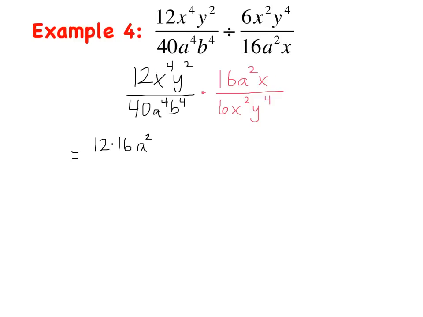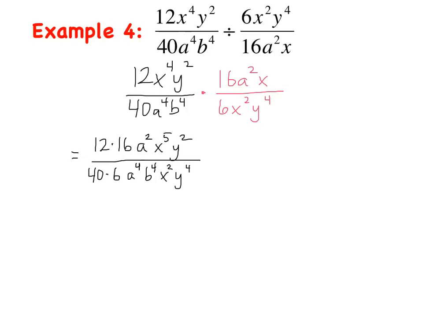Combining those, we add those exponents and we get x to the fifth power. There's nothing to combine with that y squared, so it stays y squared. Our denominator, we have a 40 times 6, a to the fourth, b to the fourth, x squared, and y to the fourth.